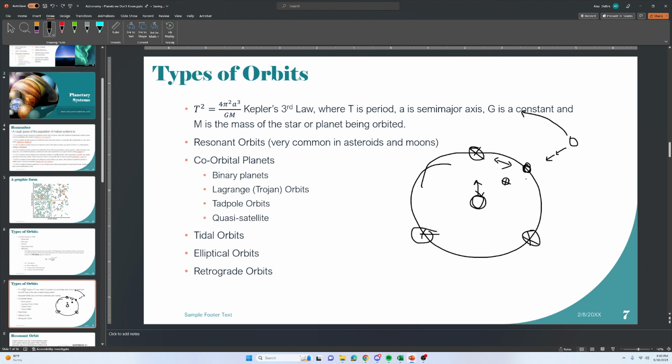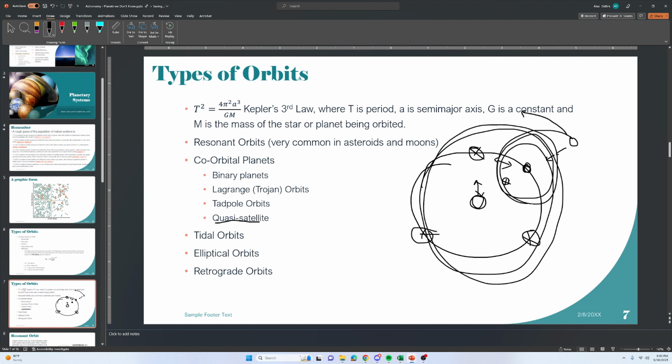It's basically because the orbit of the sun and the other planet kind of destabilize it, morphing it from a circle to a tadpole shape back to a circle. So that could be kind of odd. And then a quasi-satellite is one where it's far like this and it's kind of orbiting both. I think they do this. That's the orbit, something like that. You could look into that more.